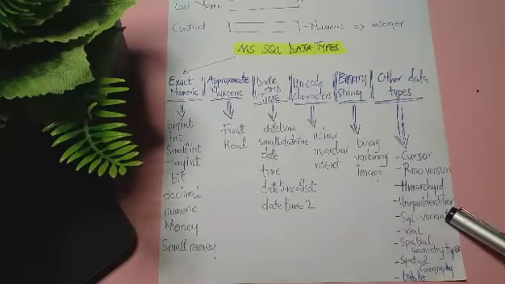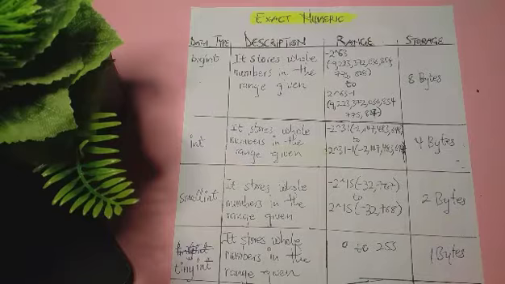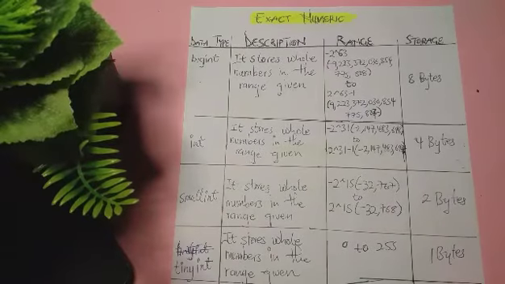Let's look at the exact numeric data type and the sub data types under it. The exact numeric data type has bigint. The bigint stores whole numbers in a given range, and the range has been given, and the storage is 8 bytes.